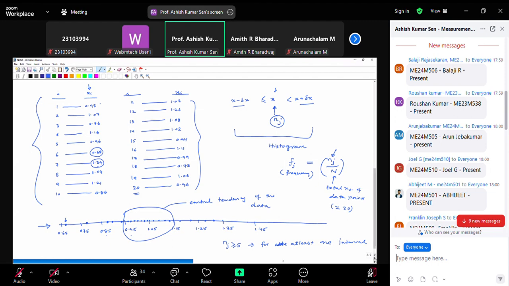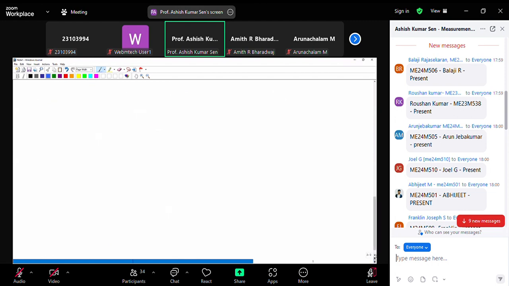Let me go to the next slide. Now I put j to indicate the interval number, and I write the interval here.